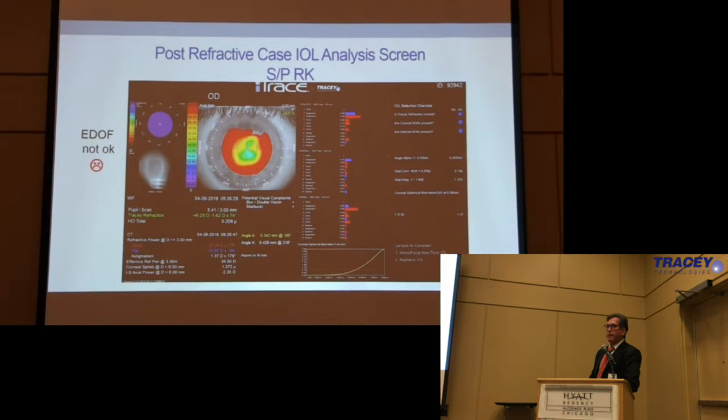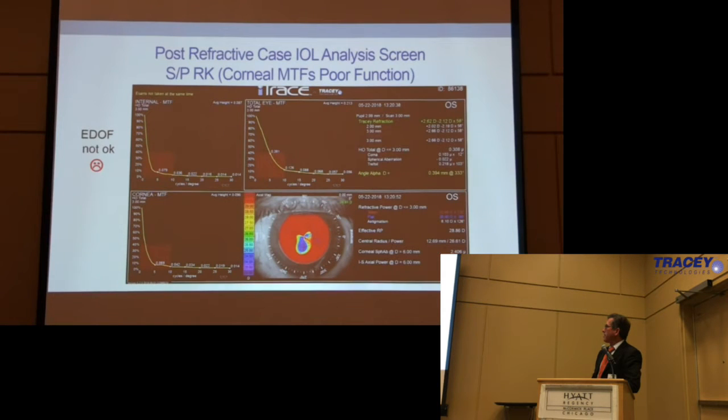Now, who do you want to stay away from? This is a patient now, if you look at the corneal aberrations, sorry, let me back up. Here you can see we're approaching that 0.2, which is when you start to get to higher levels of corneal aberration, and you really want to steer clear of multifocal IOLs. But this is one patient I just want to illustrate.